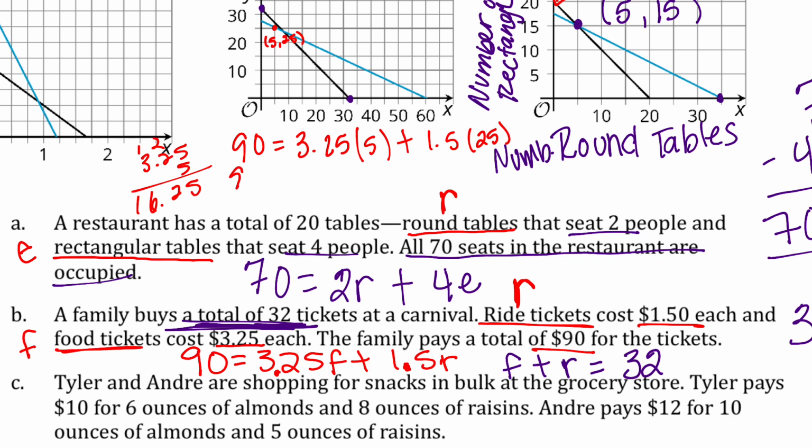So 90 equals 1625 plus, let's do 25 times 1.5.